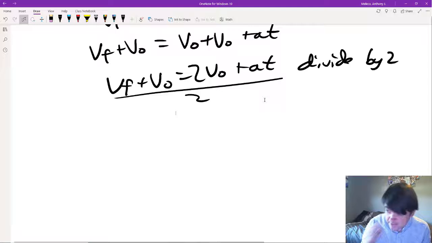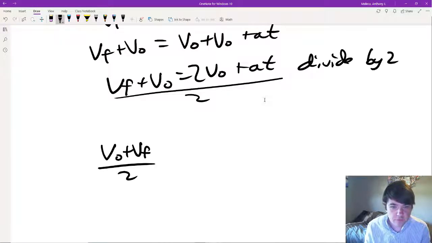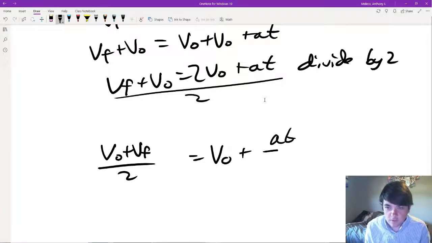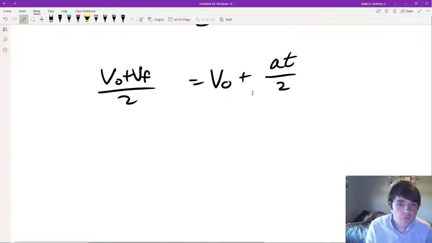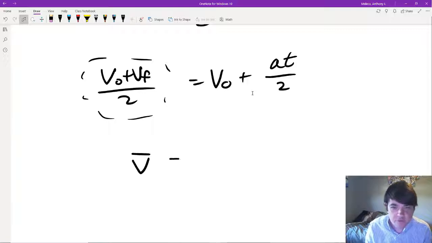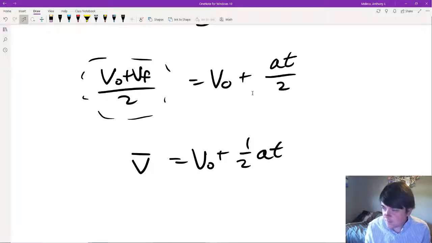This will give us v initial plus v final over 2 over here, and over here this is just going to be v initial plus at over 2. This right here you may recognize as the average velocity. This right here is v naught plus 1/2 at.